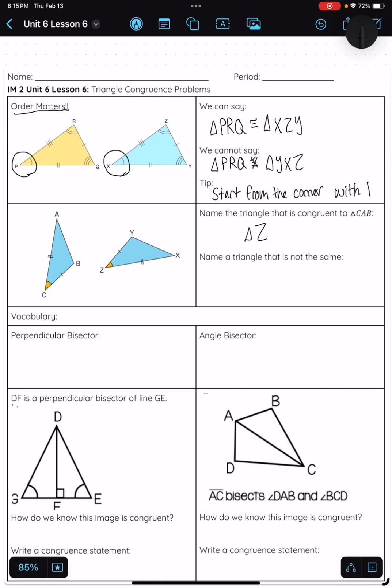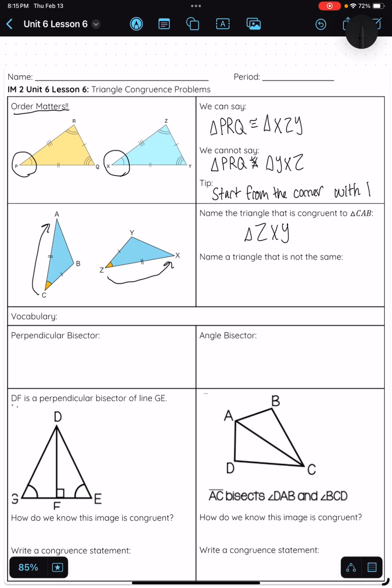We're going from C to A, so starting with Z means we go to X, in the same order. So we go Z, X, Y. Order is really important in this unit, and when you write the letters, you have to be careful to go in the same order for both triangles.